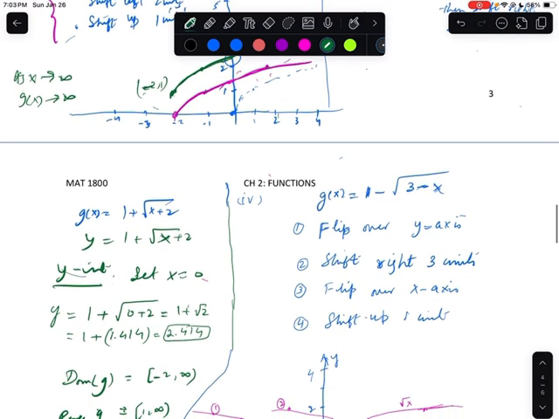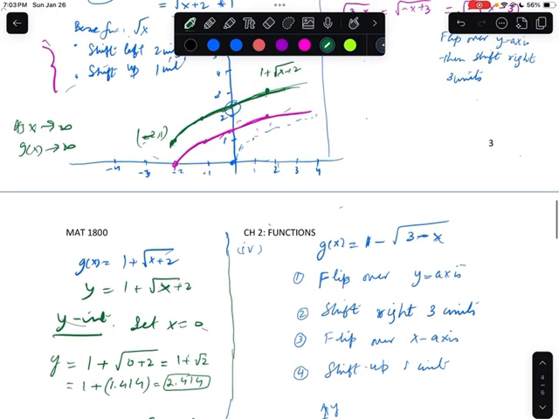Notice that this graph is crossing the y-axis, but it will never cross the x-axis. It's starting at the point (-2, 1), so it's going to go up and up, never coming back to cross the x-axis.